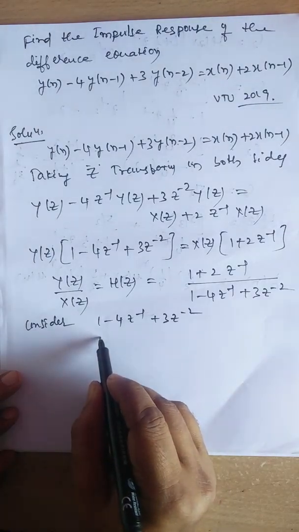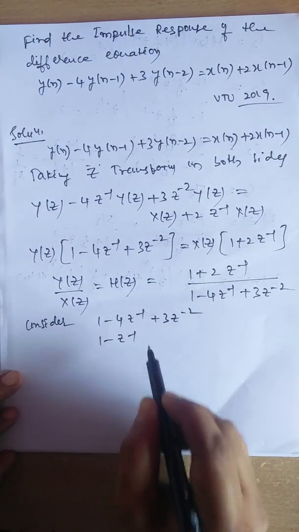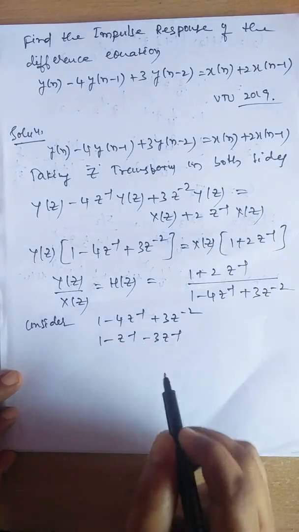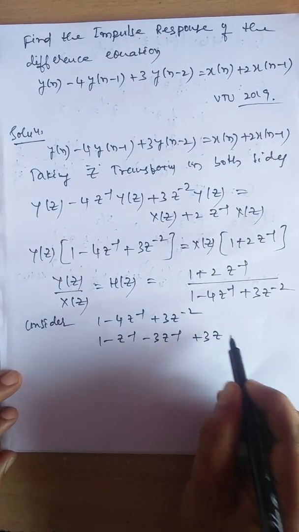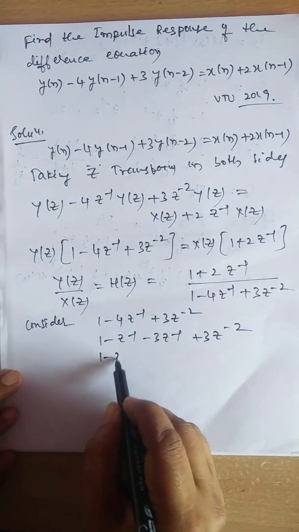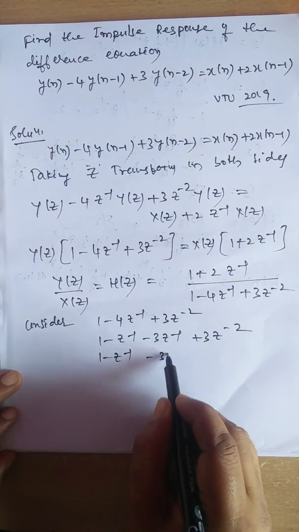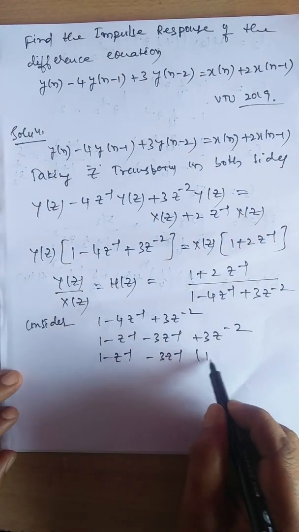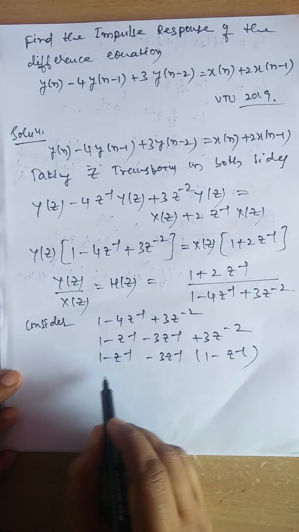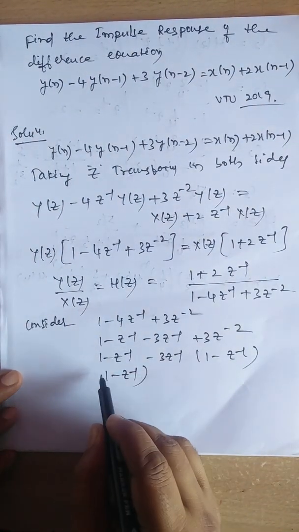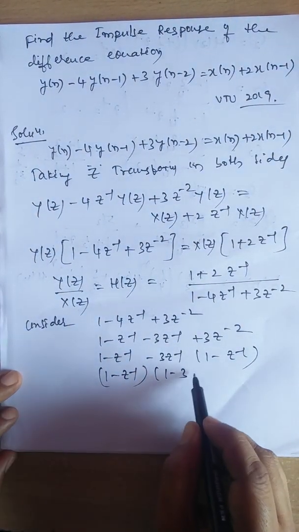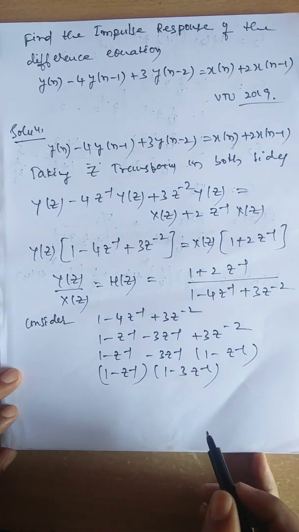This can be written as 1 − z^(−1) − 3z^(−1) + 3z^(−2). Taking (1 − z^(−1)) common, you will get (1 − z^(−1))(1 − 3z^(−1)).